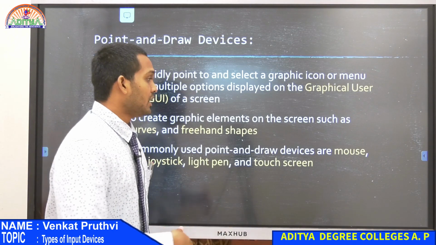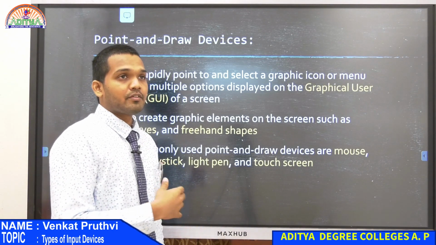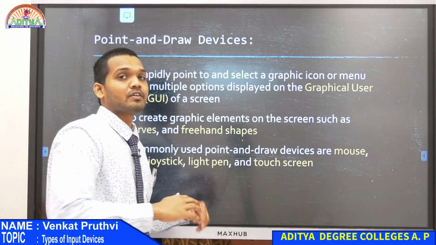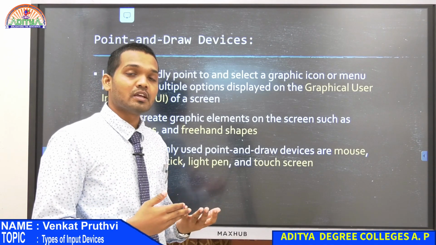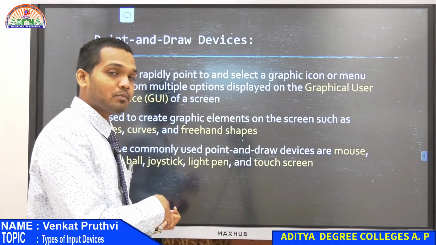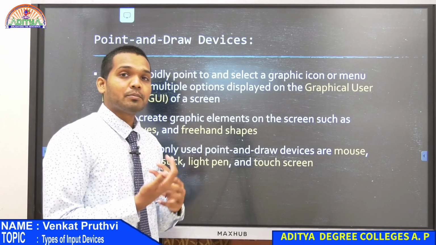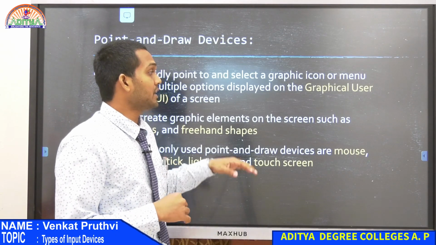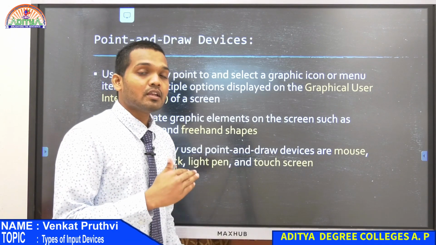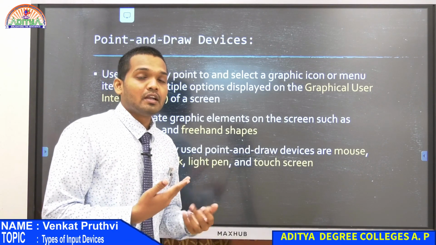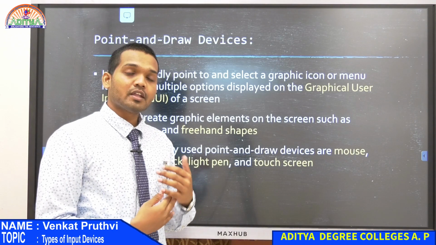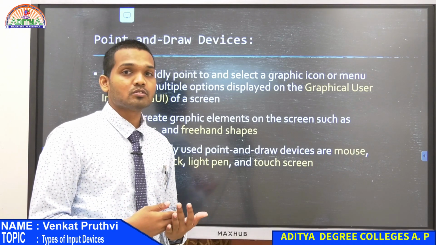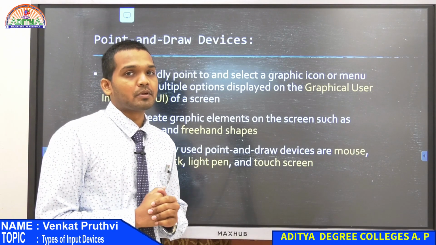These are the advantages that we have. Otherwise, if I didn't have this graphical user interface, how would I be able to change the slides? Just imagine, every time I would have to go to the command prompt and type some command related to this application. Only then would I be able to change the slide, and it becomes so hectic and takes a lot of time for any person to perform a small operation.